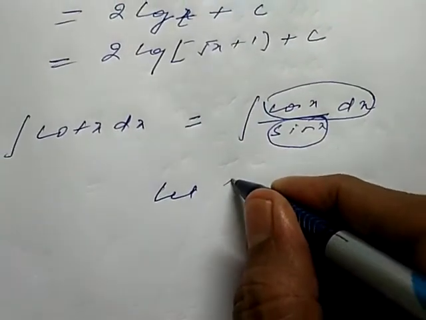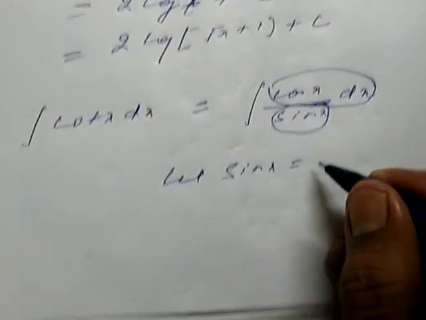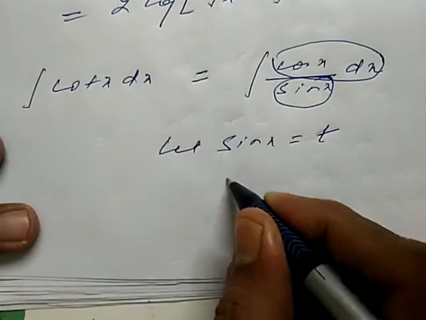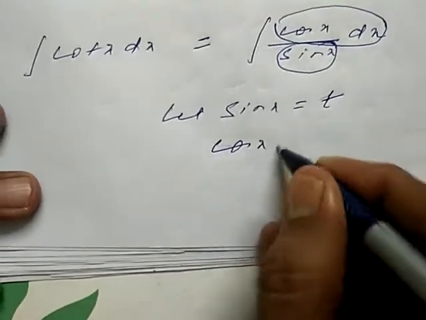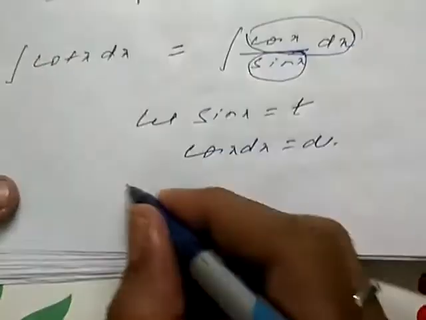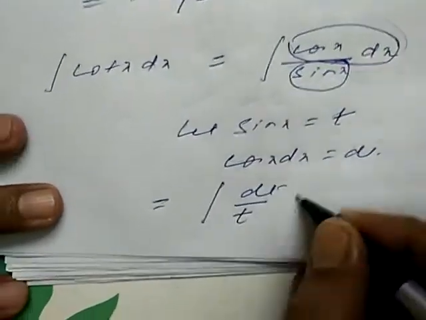So here we take sin x as t, and it's a matter of practice. We can locate which term we have to substitute. Derivative of this is cos x dx, and this is dt.